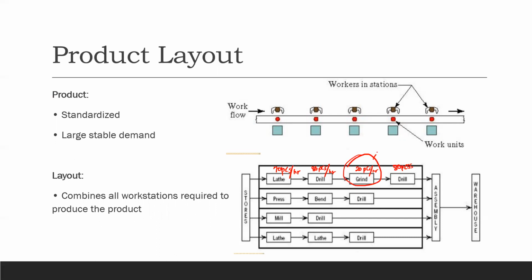Ibig sabihin, ito yung nagko-cause ng bottleneck. And then as a result, hindi tayo pwedeng mag-produce ng mas marami pa sa 20. Ibig sabihin, ang line capacity ay just 20 pieces kada oras. Nalilimit. Unlike for example, pag meron tayong shared machines, posible ma-address yung bottlenecks natin.